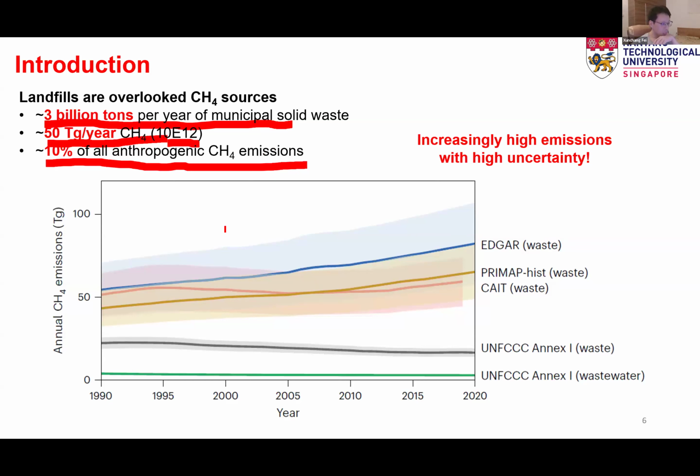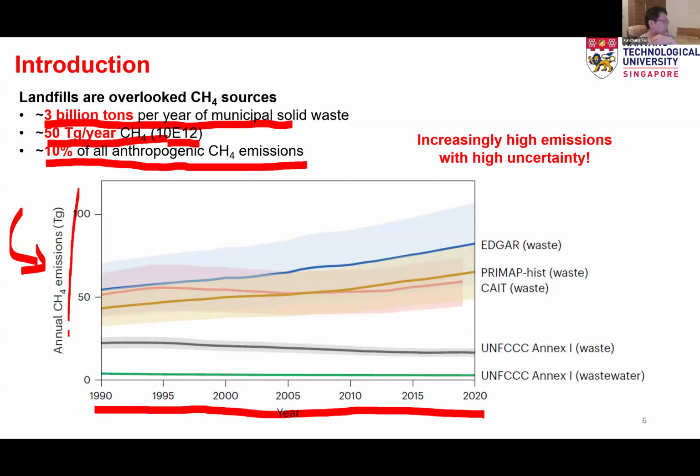So then I also looked at what the current knowledge is about methane emission from the waste, and basically I summarized the data into this figure. On the x-axis is time from year 1990. And the y-axis is the estimation of annual methane emission from waste alone from other countries.